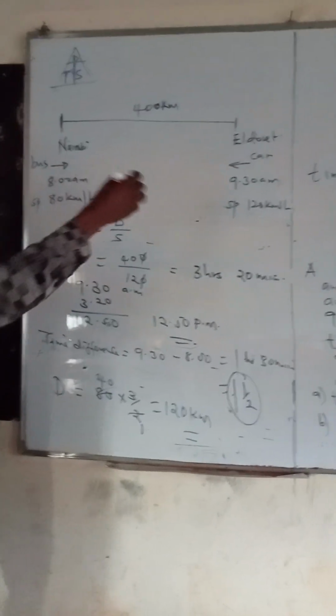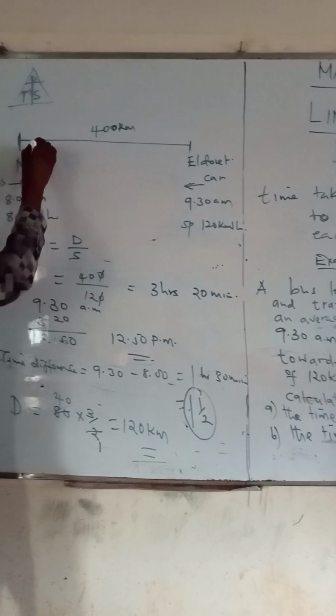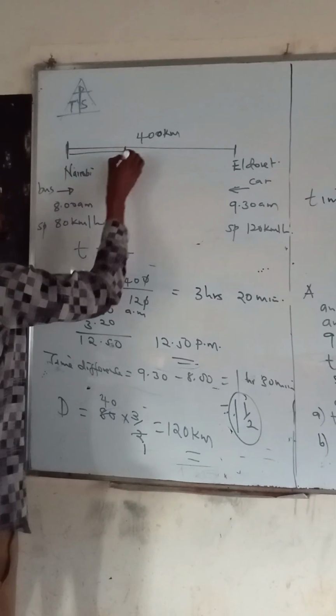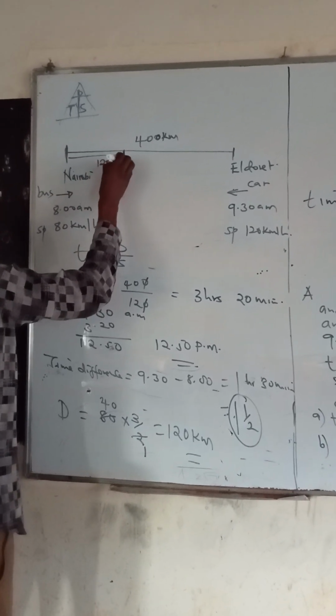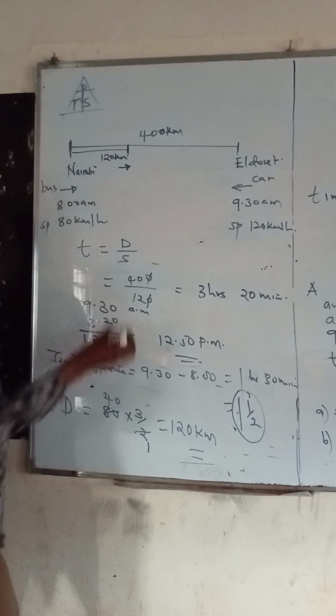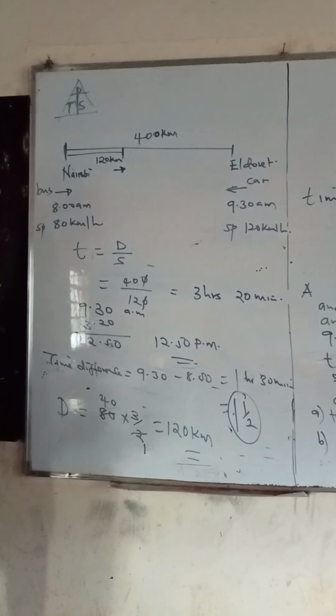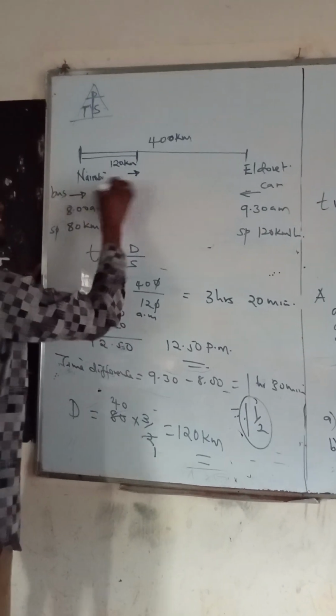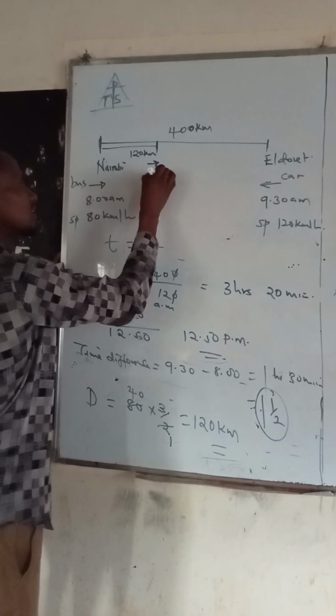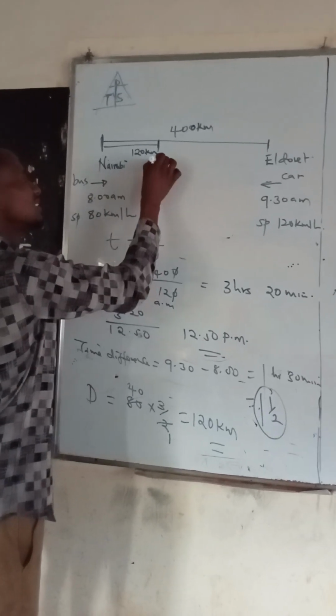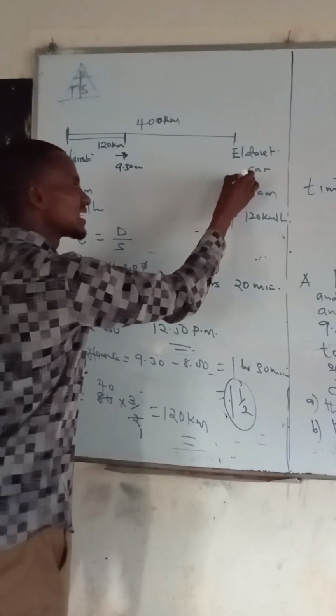So before this one started the journey, this one moved how many kilometers? 120 kilometers. So at 9:30 a.m., the bus is at this point, and this one is just starting the journey.